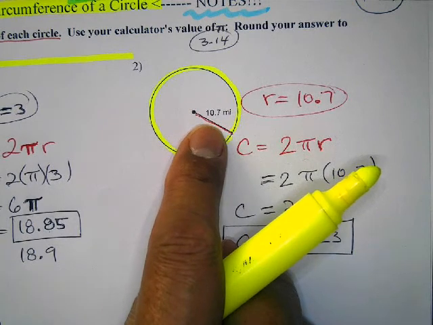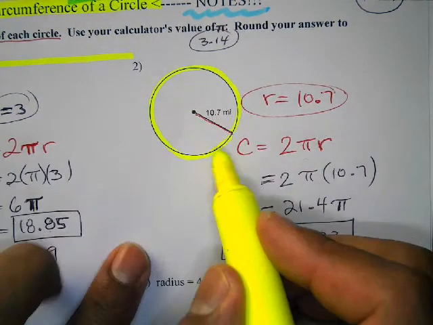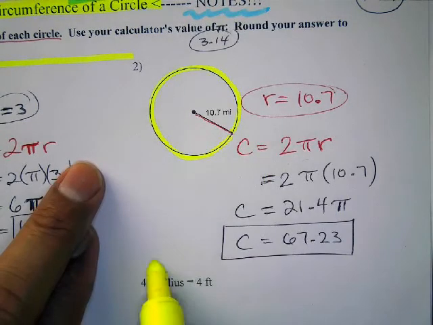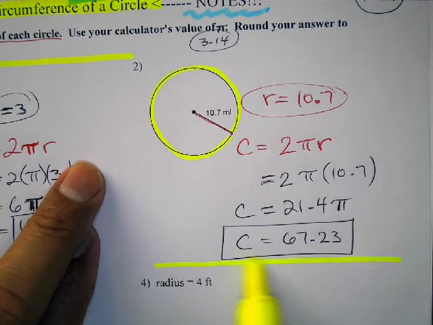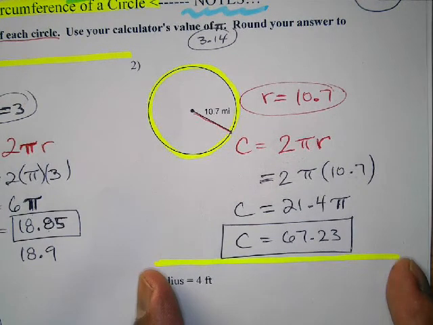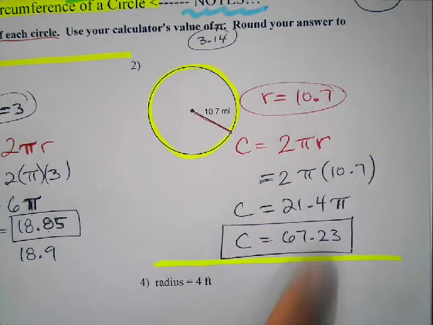Now this is a big circle. If the radius is 10.7 miles, oh my God, that's like a whole city, right? But that's a radius. If I get that circle and straighten it out into a straight line, this is what that number means: how long that actually is if it was a straight line.